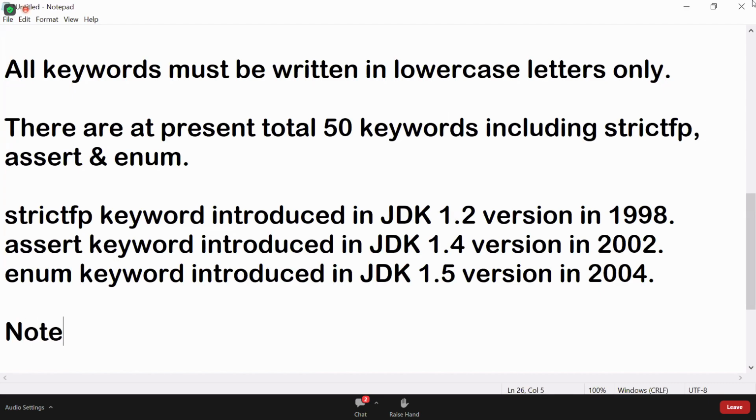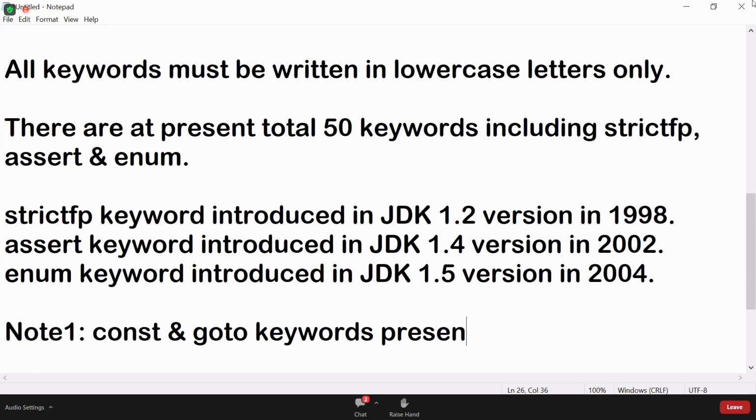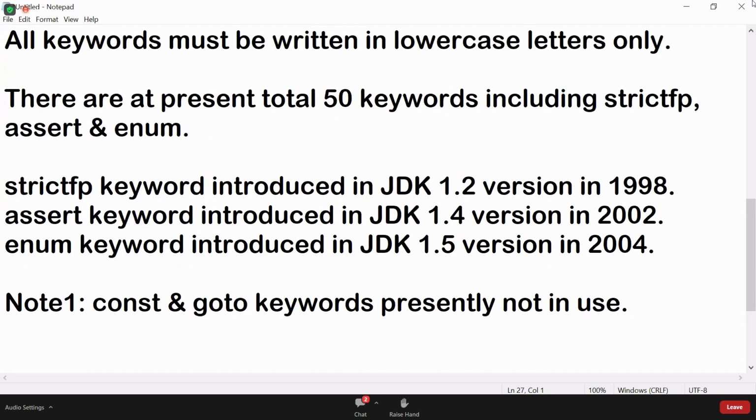Note 1. const and goto keywords are presently not in use. These two keywords are already present in the list, but if you write them, it doesn't work.